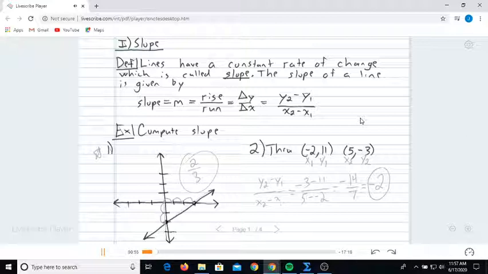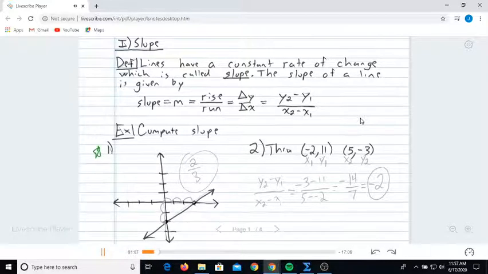And if we want to think about this visually, change in y divided by change in x, we can view that as rise over run. So let's use that rise over run concept in example number 1. So determine the slope. So we want to figure out what's the rate of change going from one point to another point on the line.